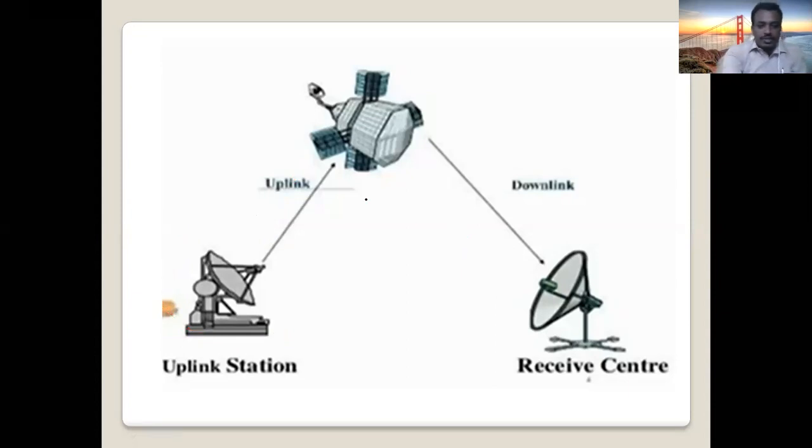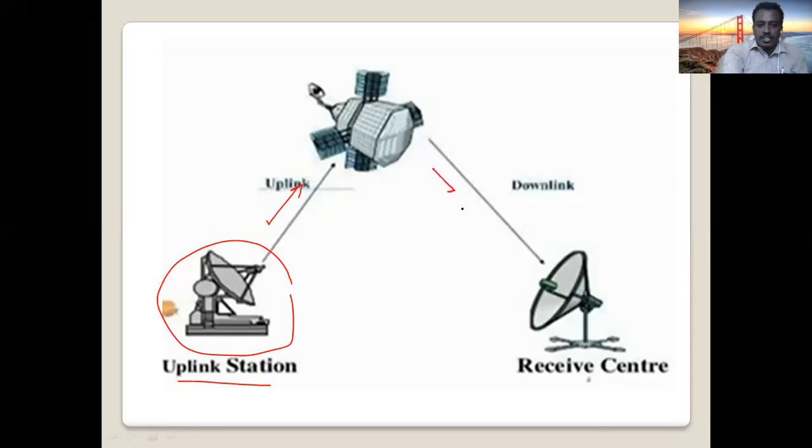On this slide, you can see we have an Earth station here. We call it the uplink station or transmitting Earth station, which sends our information to the satellite. That's one station.